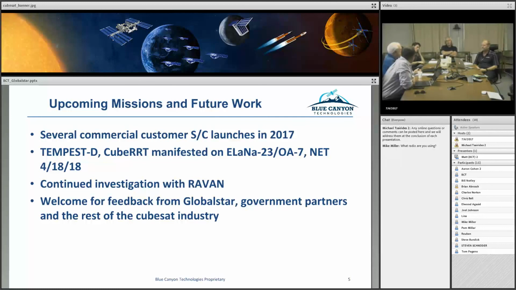I don't think we looked at our attitude. Nominally, Raven flies with the instrument nadir pointing, and that would put the Globalstar antenna looking in the zenith direction. So unless we were in some sort of safe mode, it would have been a zenith pointing antenna. Gotcha. Cool. Thanks.